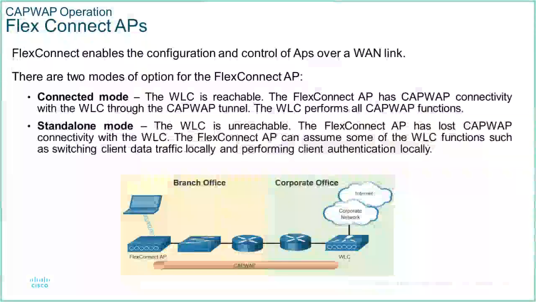So what happens is the controller has control over the access point and control over the flow of data from the access point into the network. Now, while it's in control, it's known as a connected mode network.